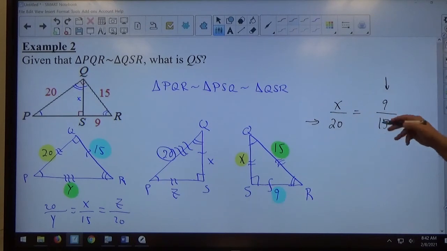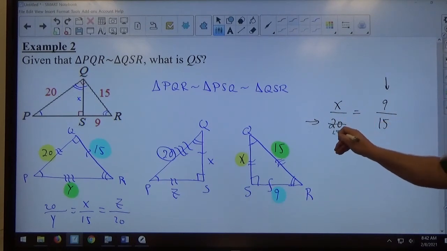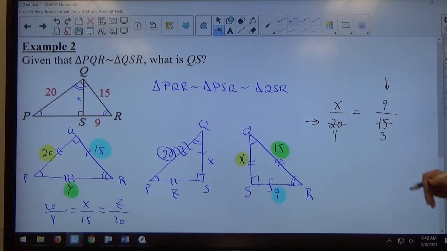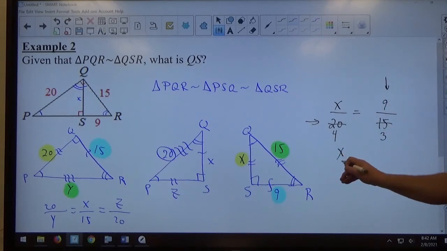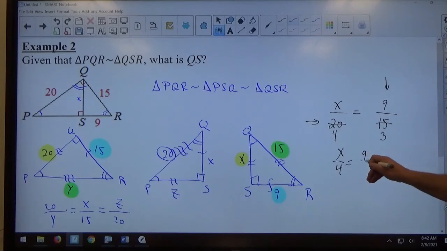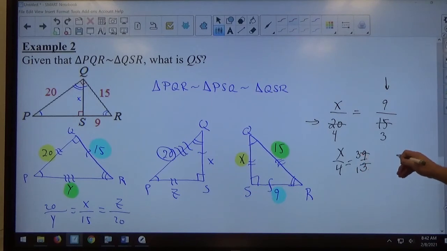I'm looking at the 20 and 15 at least. 20 divided by 5 is 4. 15 divided by 5 is 3. And again, that's a legal reduction in proportion. Fraction 1 equals fraction 2. Reduce across the bottom, reduce across the top, or reduce up and down. I could also say, hey, 3 and 9 both divide by 3. So this proportion is equivalent to the original proportion. Both of these reducing by 3 down to 1 and 3 is also legal, so x over 4 equals 3 over 1.